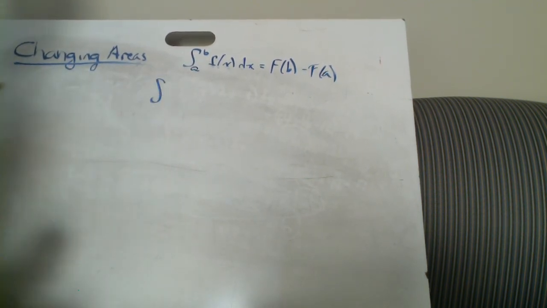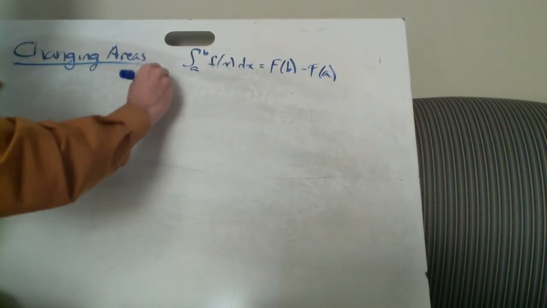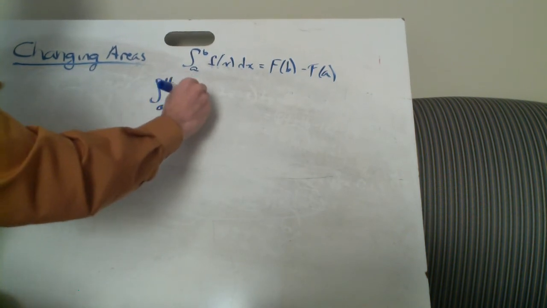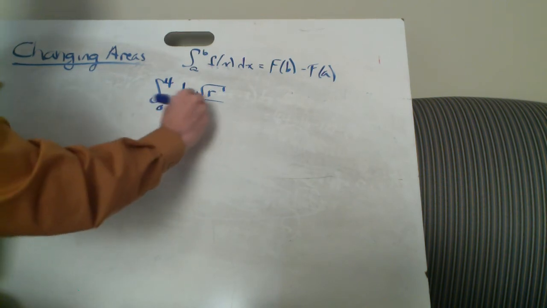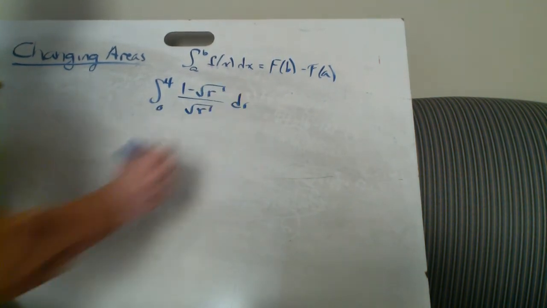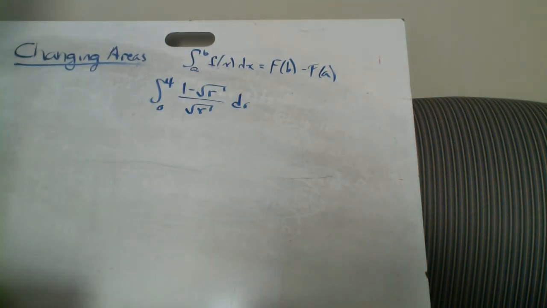Let's say I have the integral from 0 to 4 of 1 minus the square root of r, divided by the square root of r, dr. Okay. Yikes, this looks like a disaster. I look at this function, I have no idea how to find its antiderivative, but I do know how to do algebra.